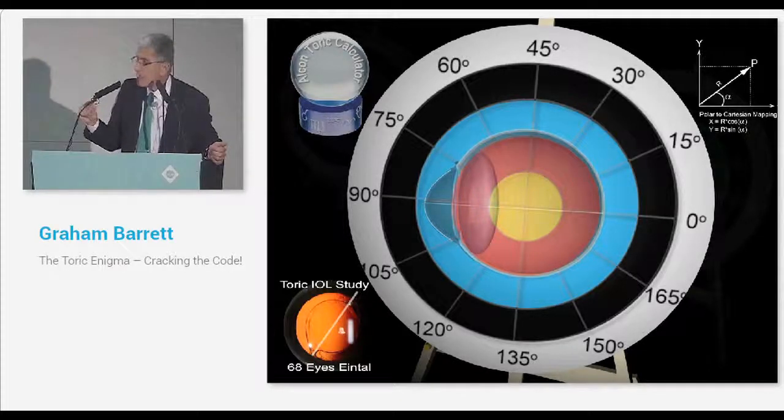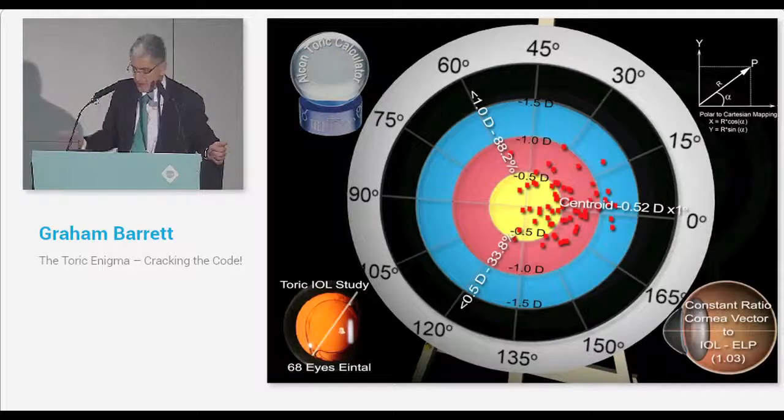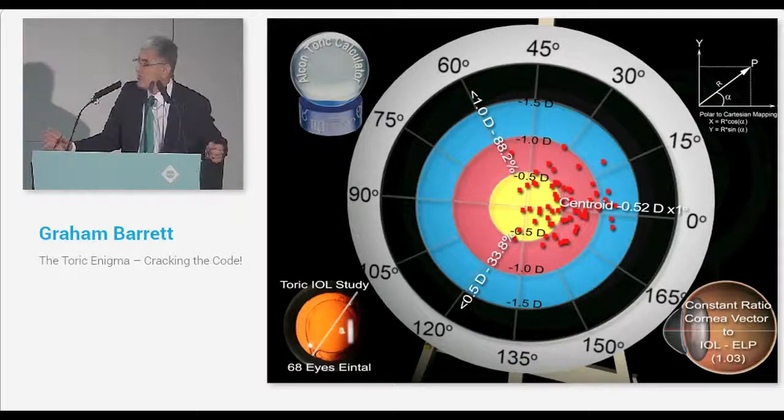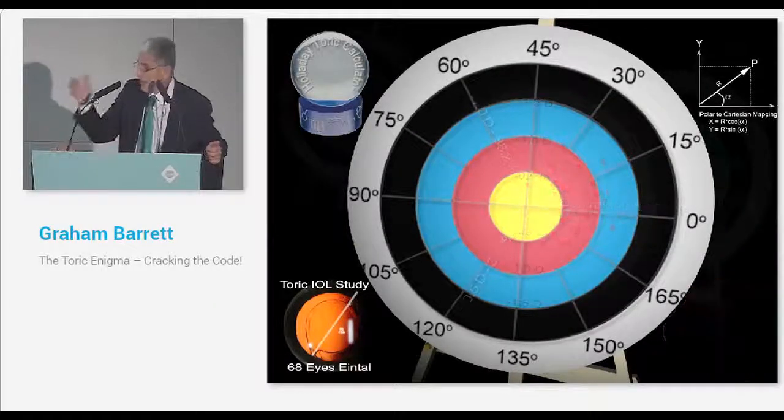If you look at the error in predicted outcome or predicted residual astigmatism with the Alcon calculator, the centroid is about 0.5 diopters of against the rule, and only about 33% of patients will be within a half diopter of predicted residual astigmatism. The Holiday calculator does use a variable ratio.